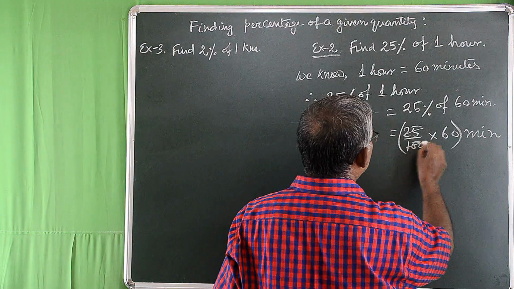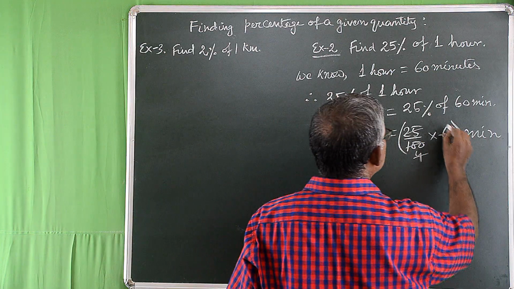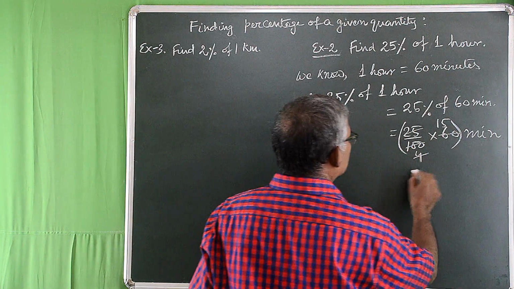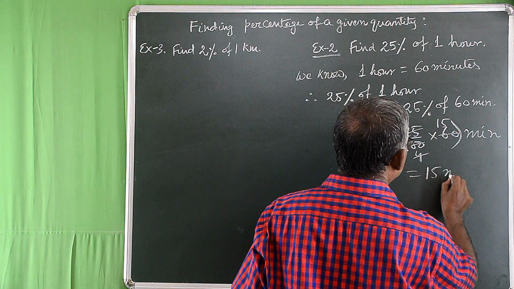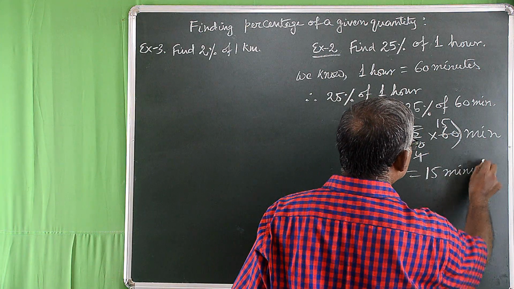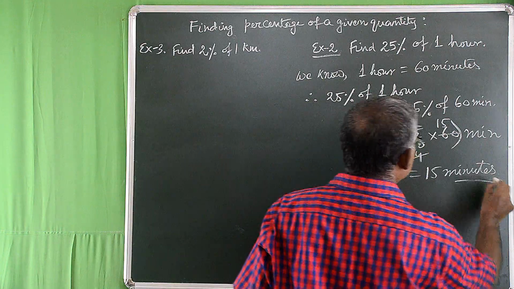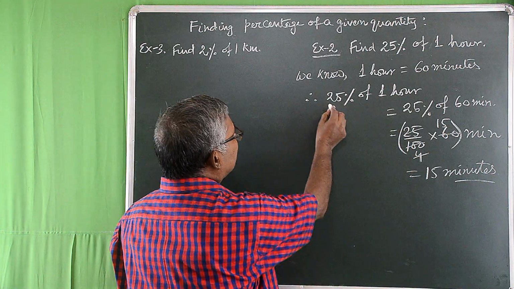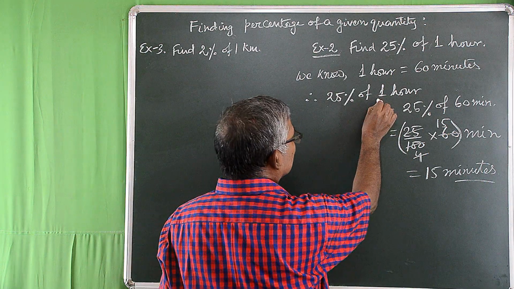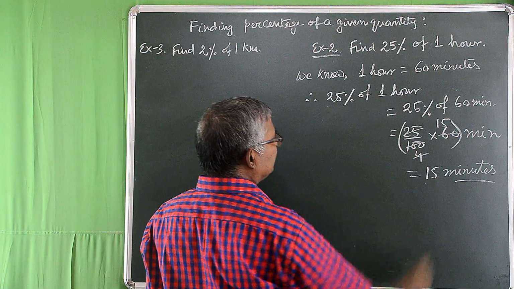Here it is 4 and it is 15, so it is 15 minutes. So we get 25% of 1 hour means 15 minutes.